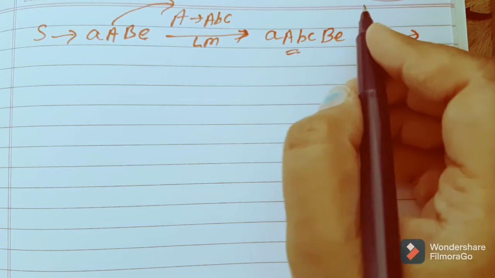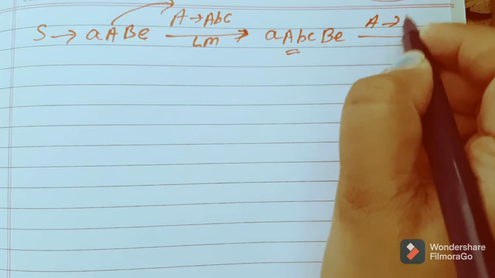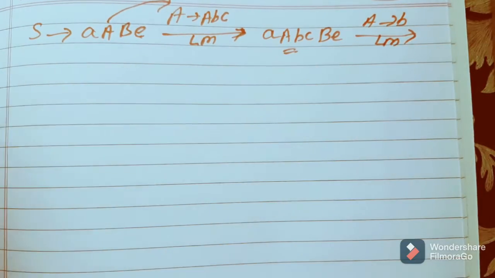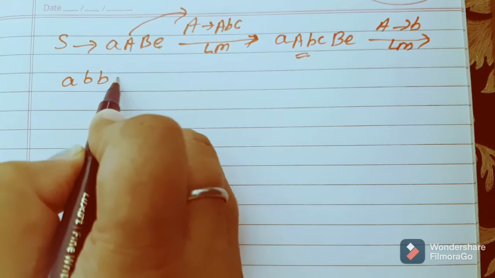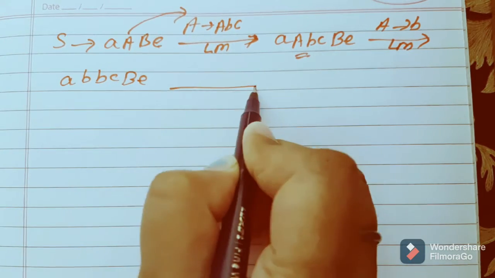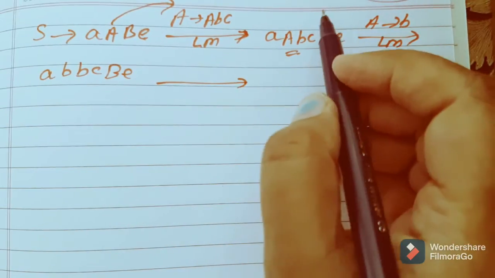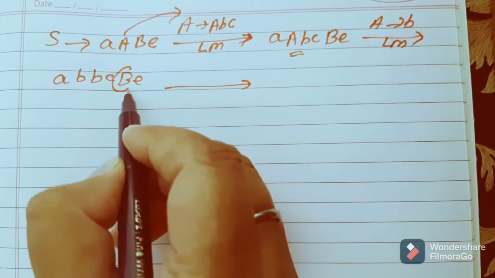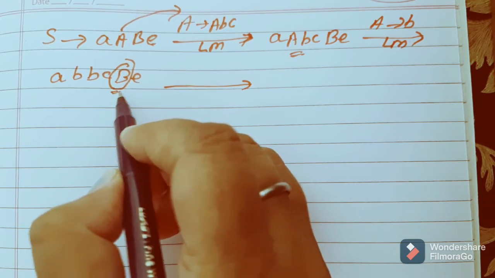And here A tends to B is given, so I will use the leftmost derivation. So I will write here A, B, B, C, B, E. Clear? A, B, B, C, B, E. Now according to this input string, I have to replace this, because all these are non-terminals, only the terminal left is this one.